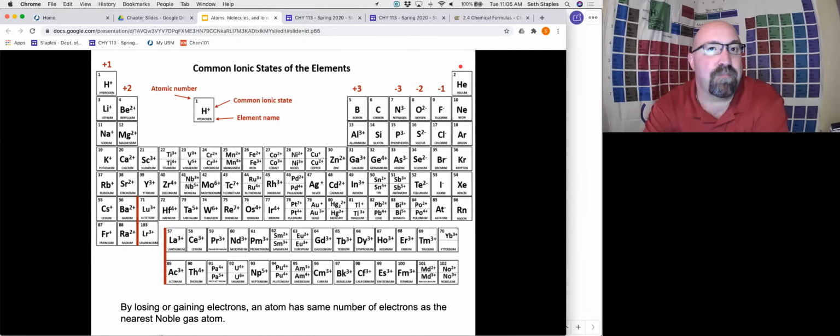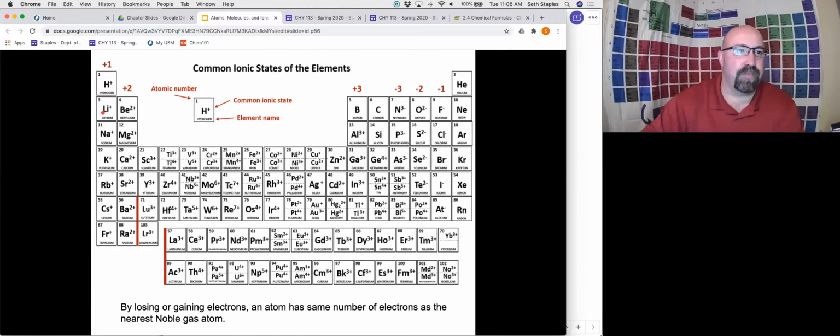Every other element in the periodic table, though, ideally, in order to be most stable, is going to either gain or lose electrons so that it will have the same number as the noble gas closest to it. And so let's look first at lithium. Again, we're going to forget about hydrogen for a little bit just because it's weird. It's fun. Let's look here at lithium.